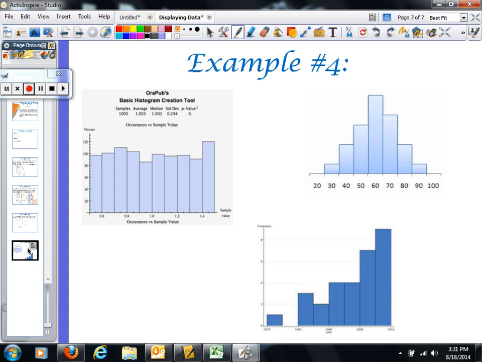The last thing I want to talk about real quick: you have 3 different histograms here. These histograms are examples of the different types of histograms that you would see, and these 3 types have names. This one is what we call a uniform histogram.